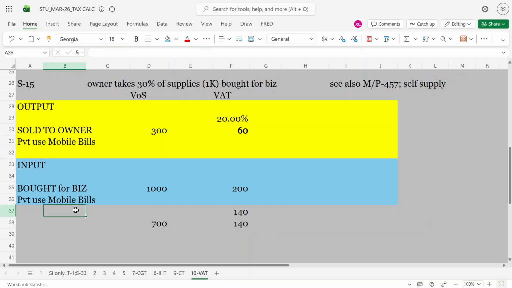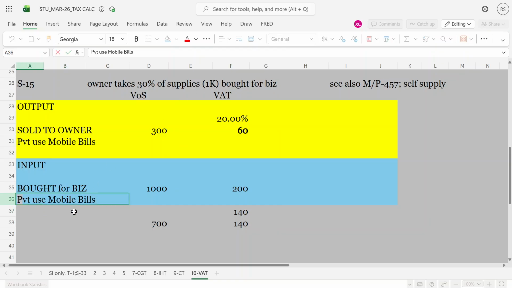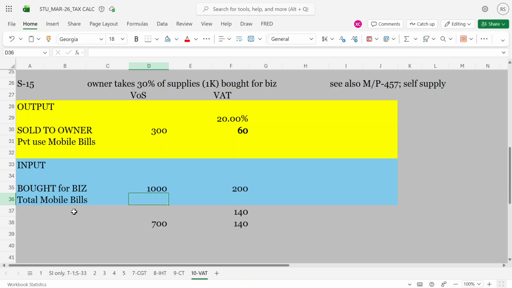So once again, understand this carefully. When you have the total mobile bill, we haven't come to the format yet, but I've shown you the total. So suppose the total mobile bill is 7,500.